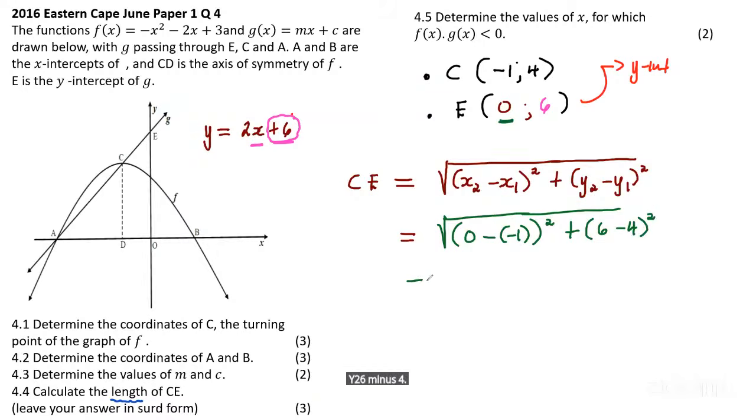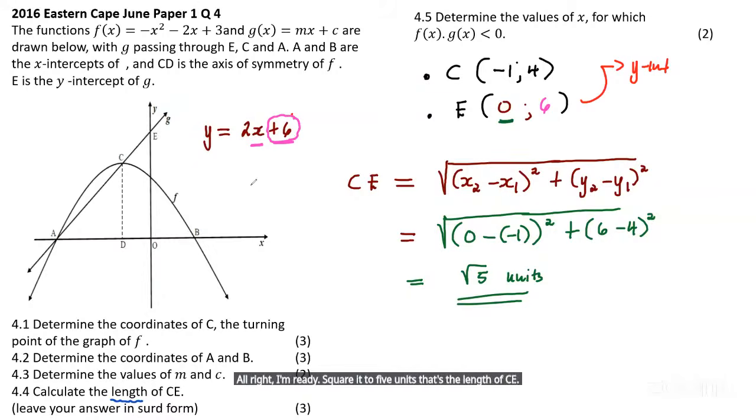The rest is calculator business, root of 5. So CE is the square root of 5 units. That's the length of CE.